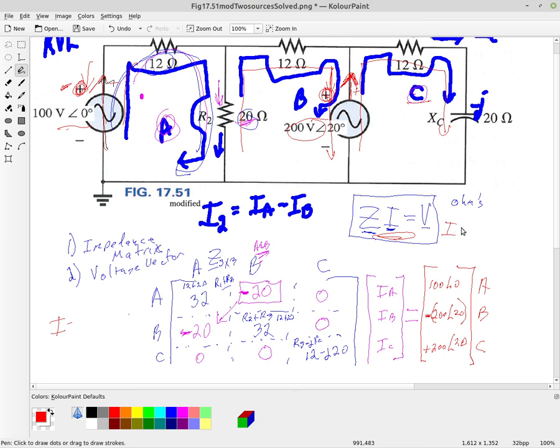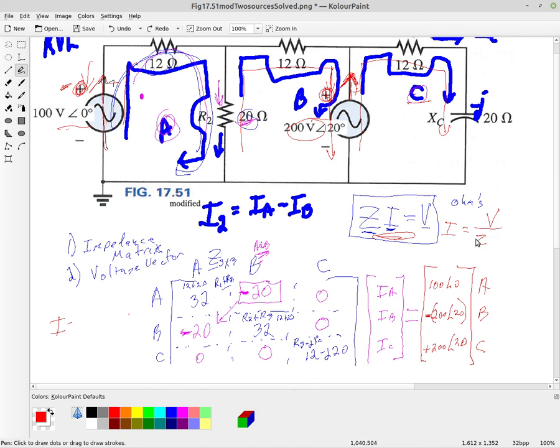So when we solve for this, I is equal to the voltage divided by the impedance. Now, this is a matrix that you're trying to divide here.